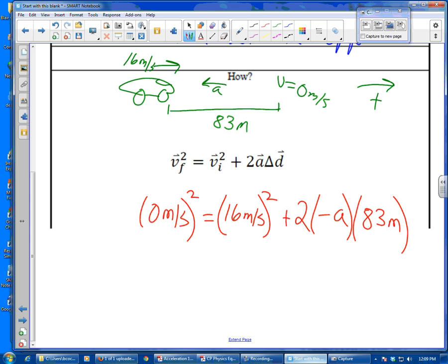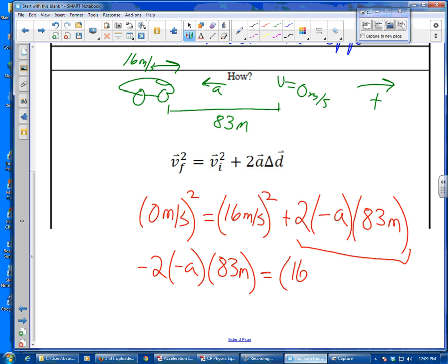So I'm going to bring this term over to the other side, and when I bring something over from addition, I have to make it the opposite sign. So I'm going to get negative 2 times negative a times 83 meters equals 16 meters per second squared.